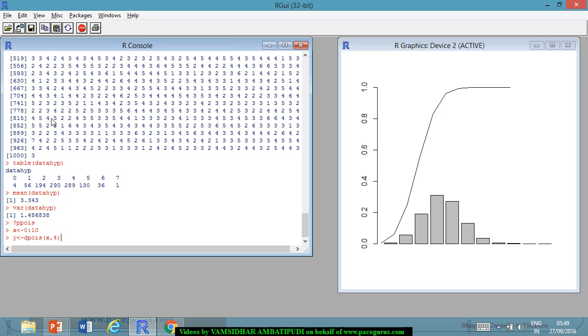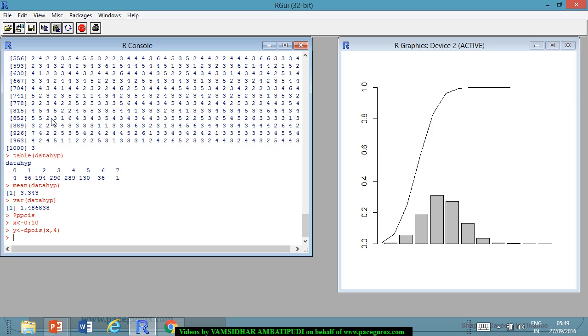If my lambda is 4, I want to find out the probability of getting 0 success, 1 success, 2 success, 5 success, 10 success, and so on. So I can plot the same, because this lambda is the average number of successes. So there is a chance that I will get a larger number of successes also. Here we are not talking about n number of trials, because n is approaching infinity here, right? That is what the Poisson distribution is all about.